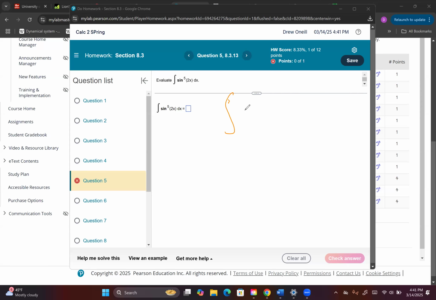So the first thing we want to say is, well, this is like sine to the 4th times sine. Okay, that's true, right? And then we can say sine to the 4th is sine squared times sine squared, and then times this sine, right? So we still have sine to the 5th. Sorry, this is 2x, but I'll leave the 2 out for now.